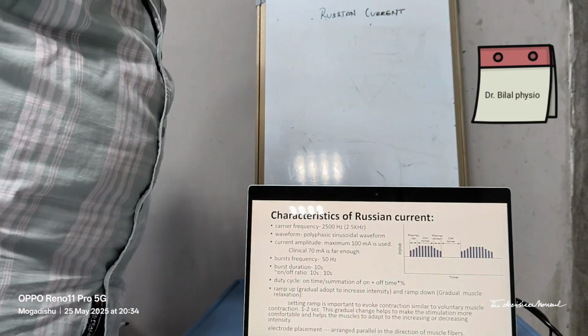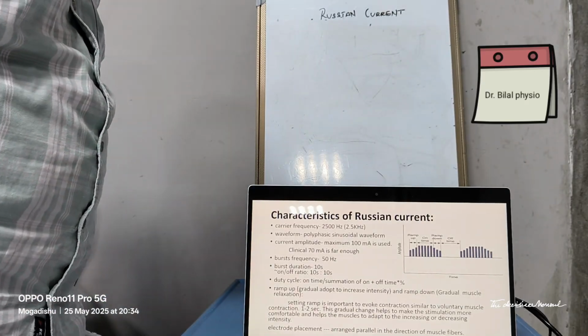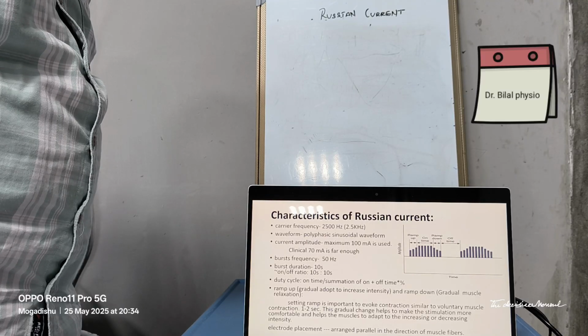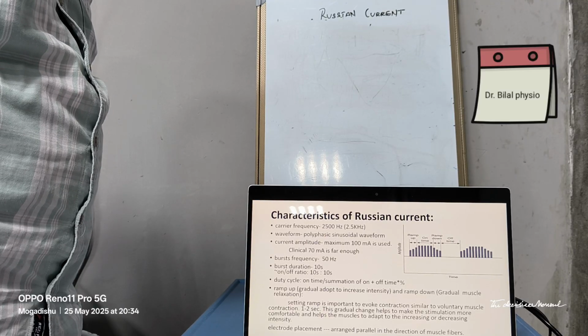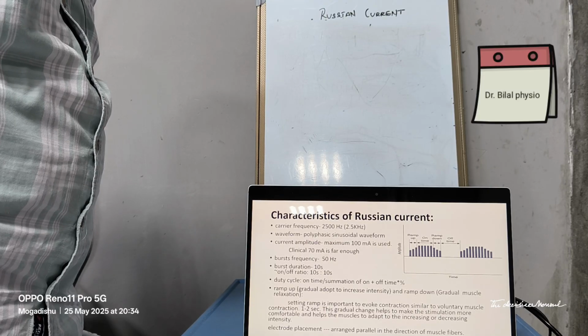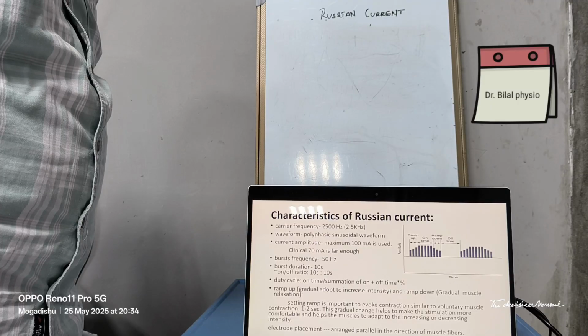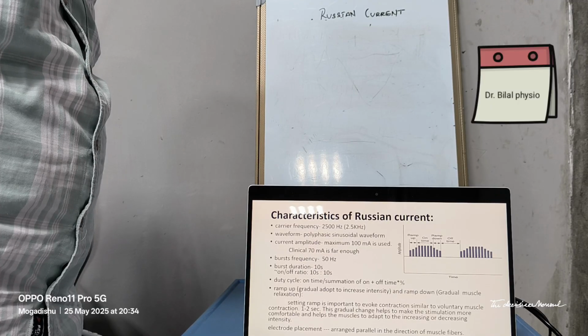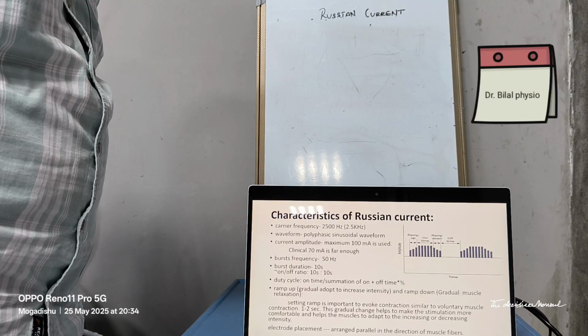This ramp up and ramp down will help to avoid muscle fatigue and muscle adaptation. So a slow increase in the current intensity, followed by the on time, followed by a slow decrease in the intensity of the current, will look like a copycat of a voluntary muscle contraction.